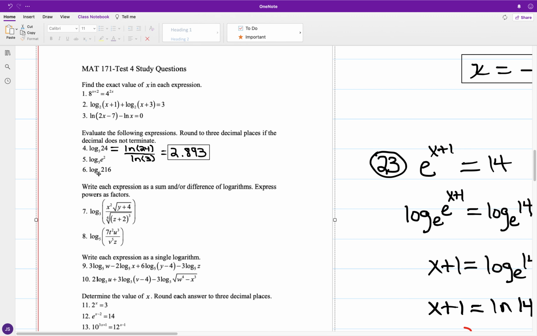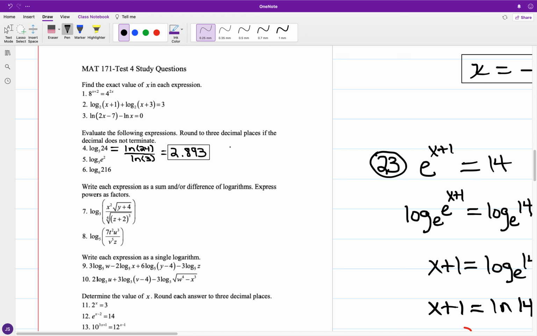Now for the base 5 logarithm of e squared, this is kind of a different item to deal with.